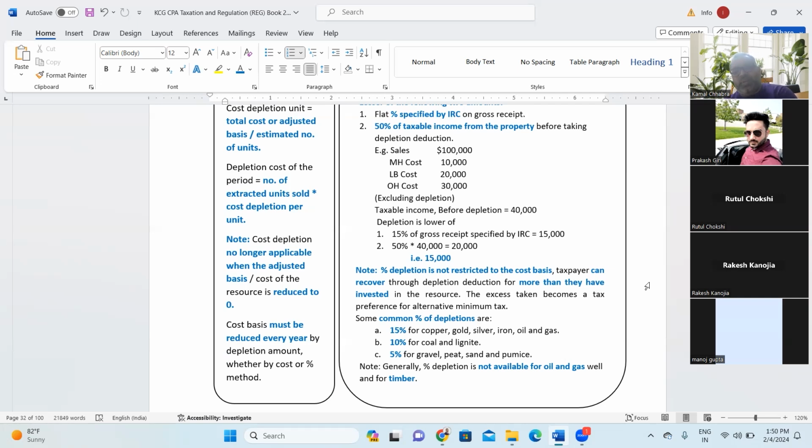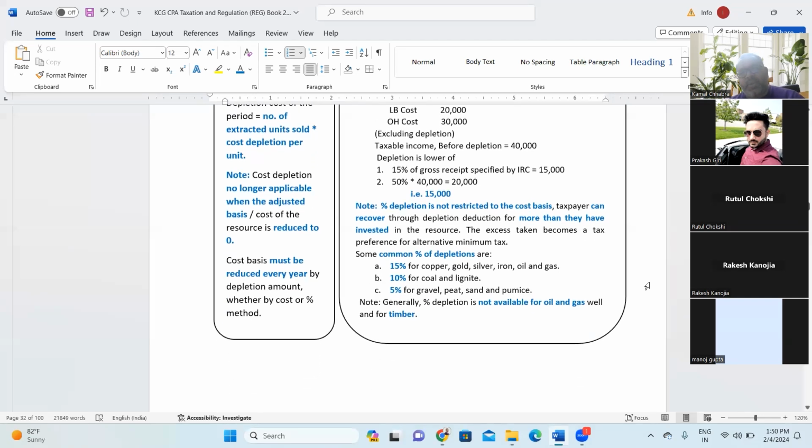The taxpayer can recover through the depletion deduction more than they have invested in the resources. The excess taken becomes a tax preference for alternative minimum tax calculation, which we'll be discussing when we come to the AMT chapter.